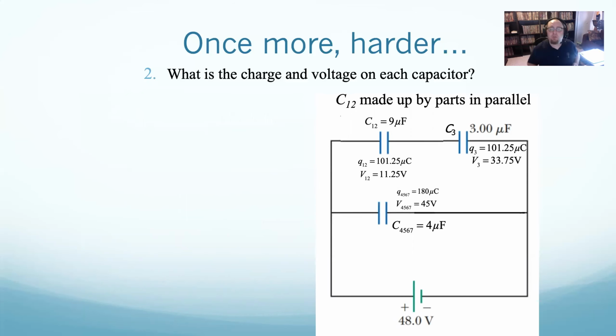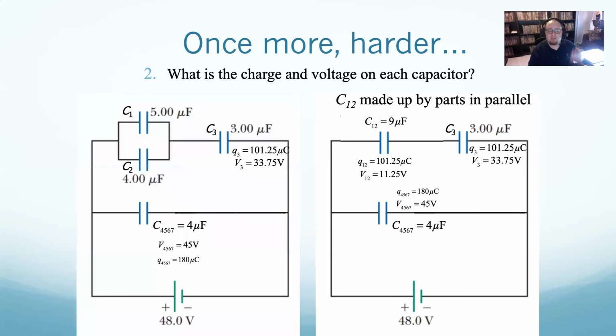Let's look at C12. C12 originally was 2 capacitors, C1 and C2, that were in parallel to each other. That means they each have the same voltage, the voltage of the equivalent capacitor. If C12 has 11.25 volts, that means C1 has 11.25 volts, and C2 has 11.25 volts.